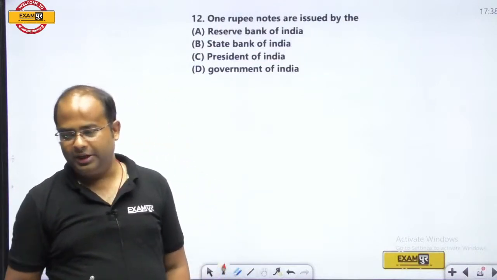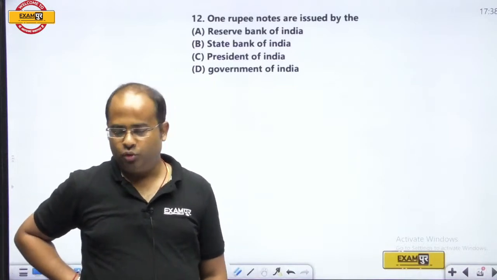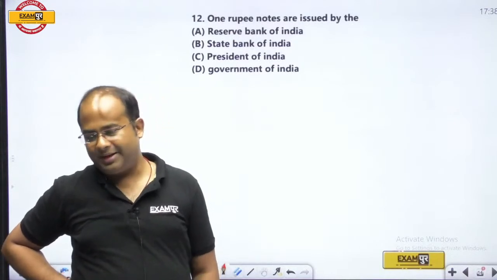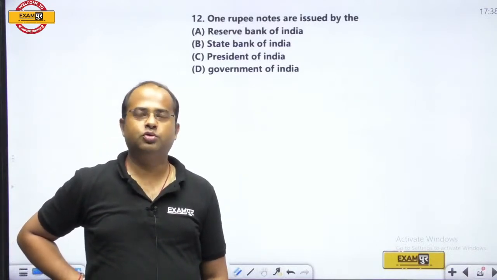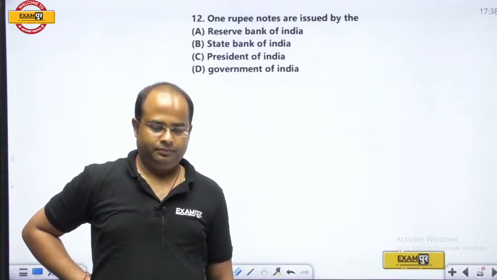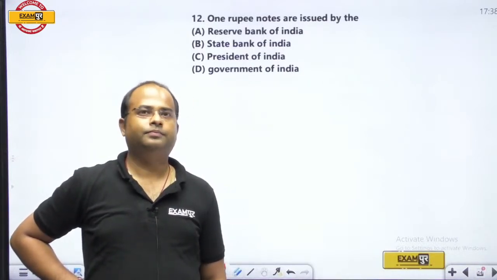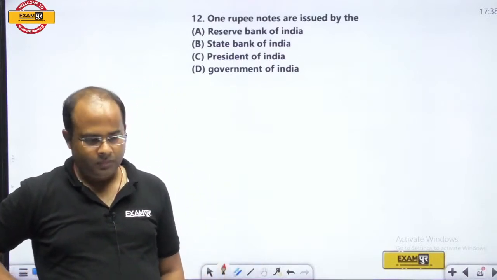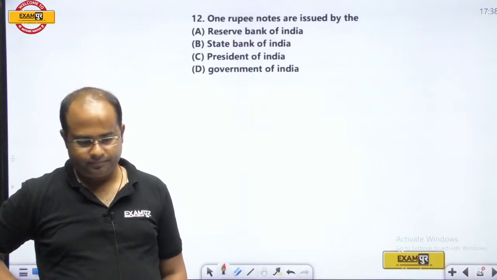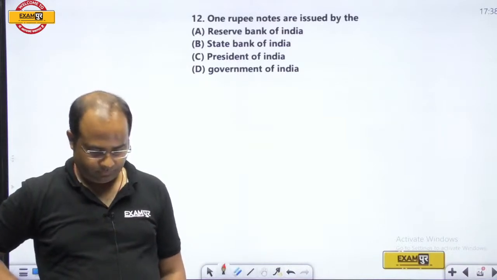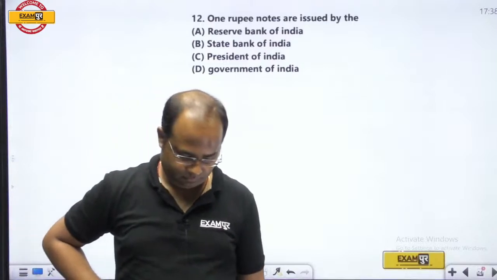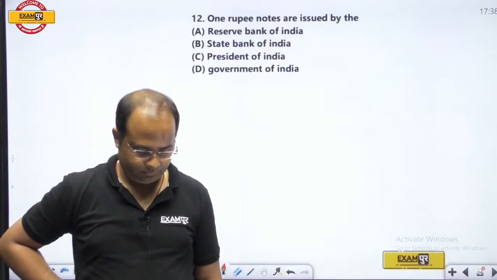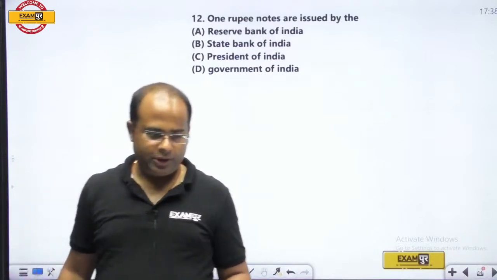Now, 1 rupee note in India, it is issued by whom? Is it Reserve Bank of India, State Bank of India, President of India or Government of India? Who issues 1 rupee note, guys?